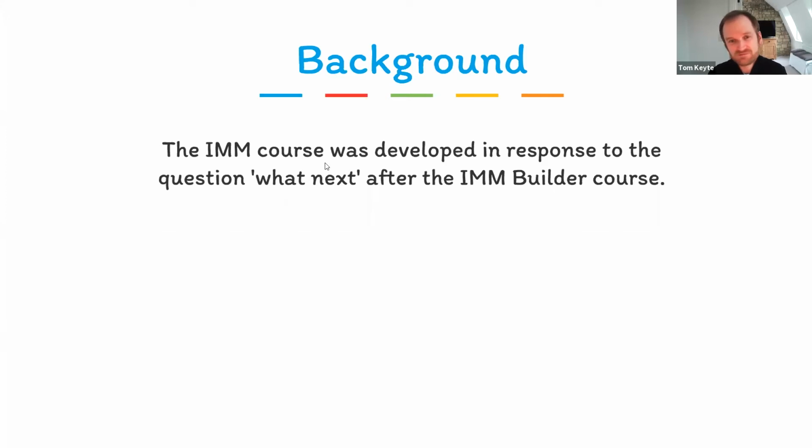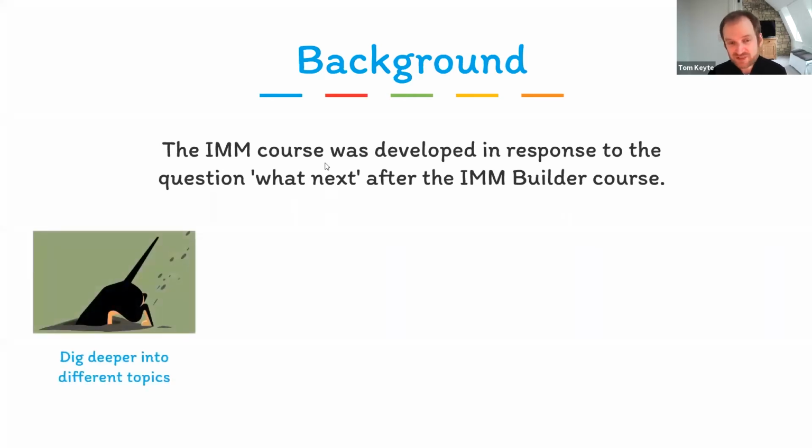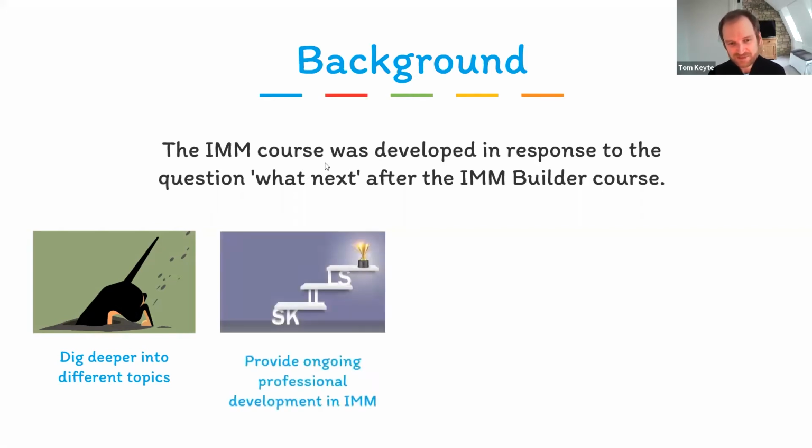Can we continue in some way? So that's the idea of the IMM Alumni course. Firstly, it's to dig deeper into different topics and to give a bit more room to do that. We talk about art and photography in IMM Builder, but we can only talk about it in a 10-minute segment. This gives us that room to go a lot deeper.